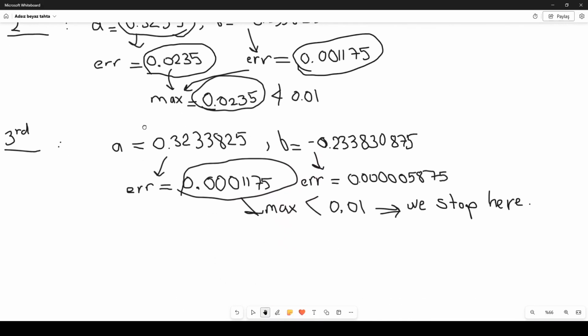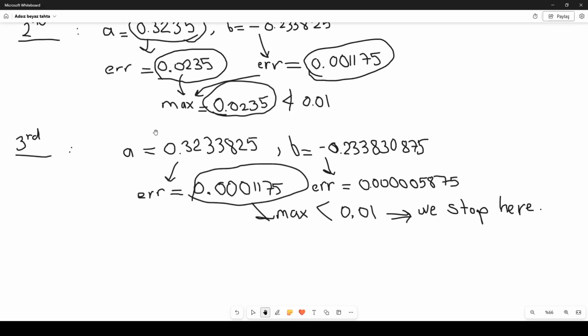And in the third iteration, we again compute our new values and calculate the errors, of course, using our calculators, and then find the errors. And then select the maximum of these errors. And in this case, as you notice, the maximum of these two errors is 0.0001175.